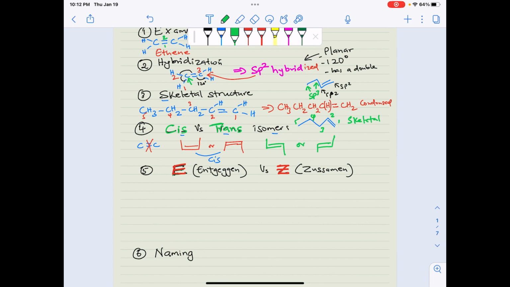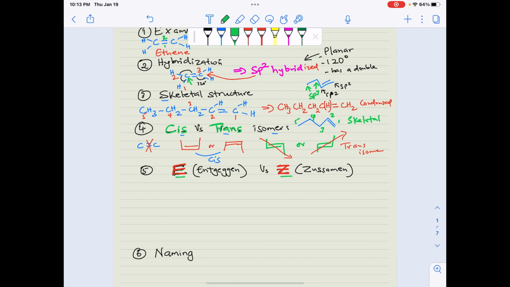Still you have one group up and one group down, and that actually looks like it's going through, like that. It's going through. So we say trans isomer. So trans alkenes have, on either side of the double bond, one group going up and the other one going down.